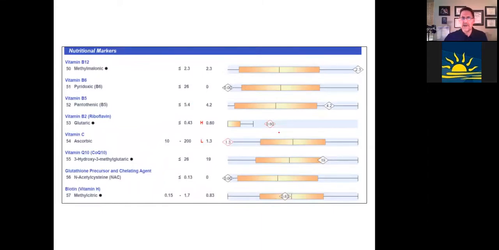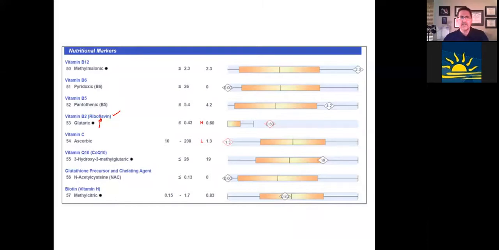One thing I want to point out, if you do organic acid testing, is it's very common to see elevations of this marker called glutaric, which is linked to riboflavin. And riboflavin, vitamin B2, is needed a lot in the body with regards to metabolic activity, mitochondrial activity.